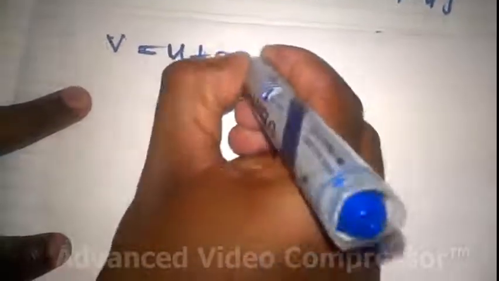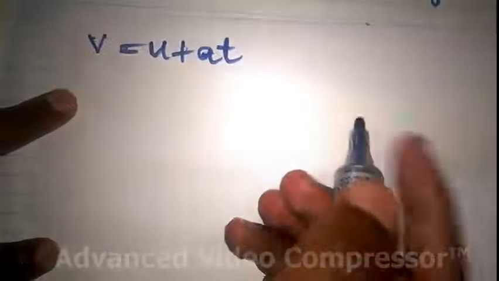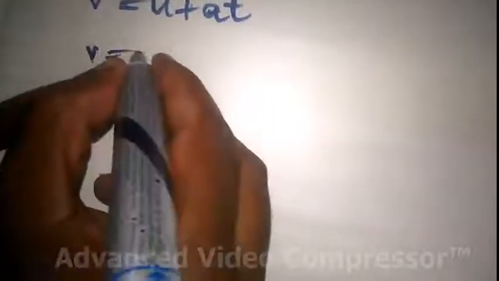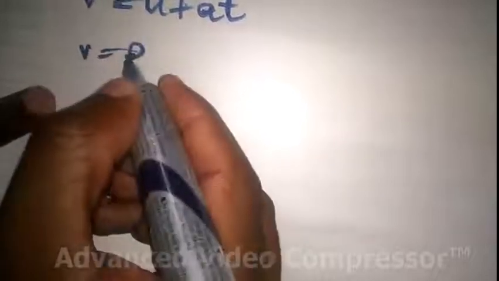I think now we're looking for time. Am I right? Okay, let's just go here. The formula for time, let's use this one: v equals u plus at. Let's check what we have. Our final velocity is 0.